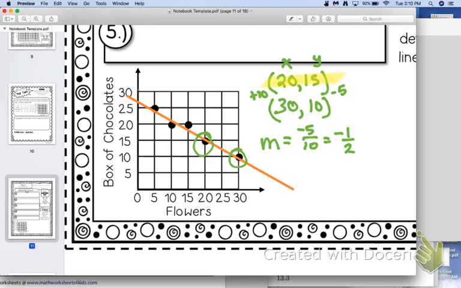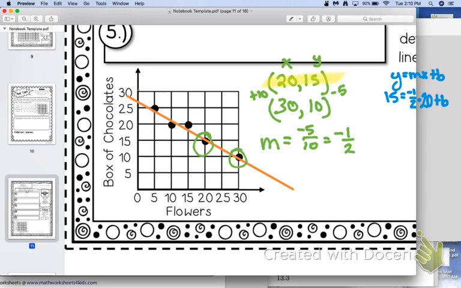So now I'm going on to step 4 of our notes, and step 4 says I'm going to use y equals mx plus b. So now I'm going to put in y is 15, m is negative 1/2 times 20 plus b.